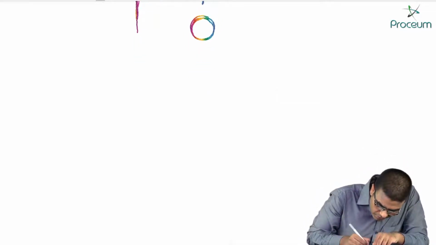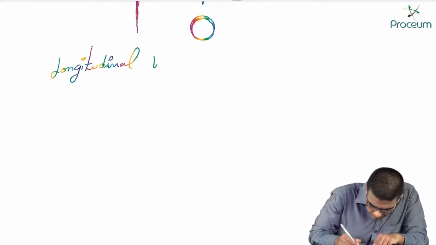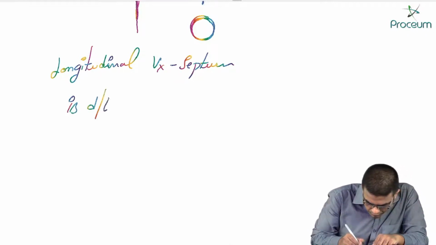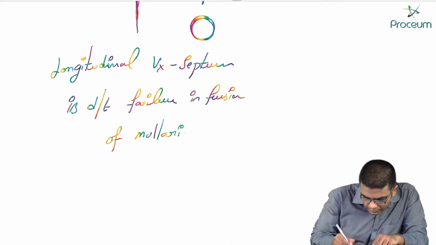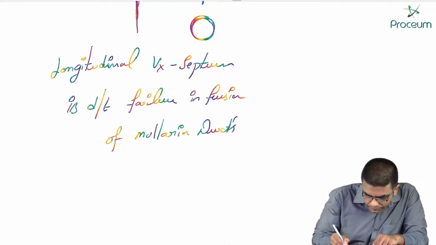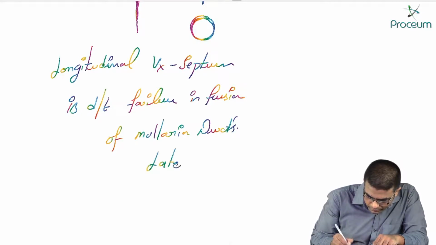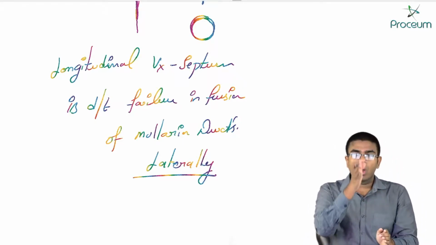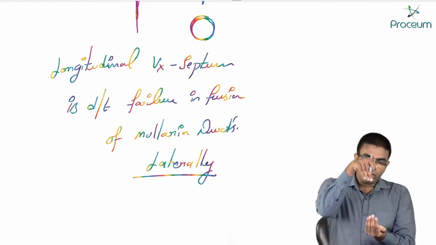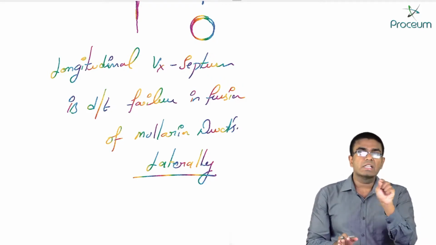So longitudinal vaginal septum is due to failure in fusion of Mullerian ducts laterally. So lateral fusion defects will cause longitudinal vaginal septum. Vertical fusion defects will cause the transverse vaginal septum.